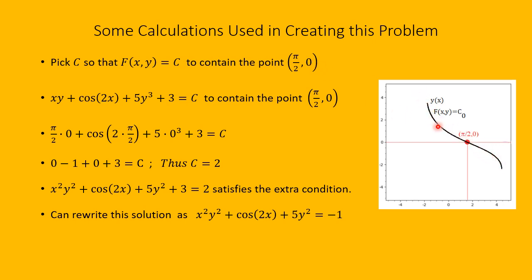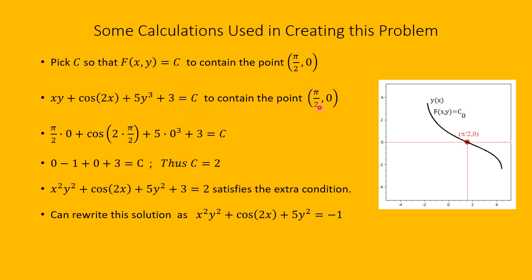Here's the point pi over 2 comma 0. Here's one of the implicit solutions going through that point. So in other words, if I have f of x y equals c, I have this stuff, and I want pi over 2 comma 0 to be a solution to this equation. That will allow us to find c.